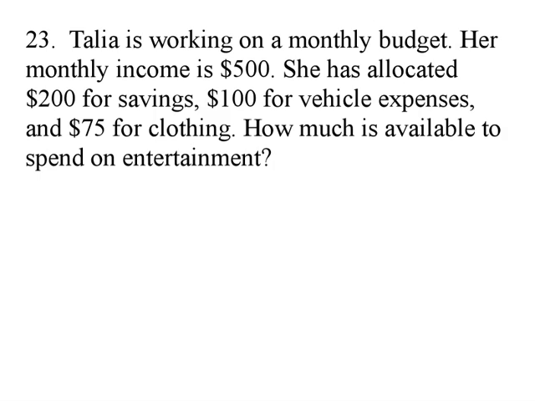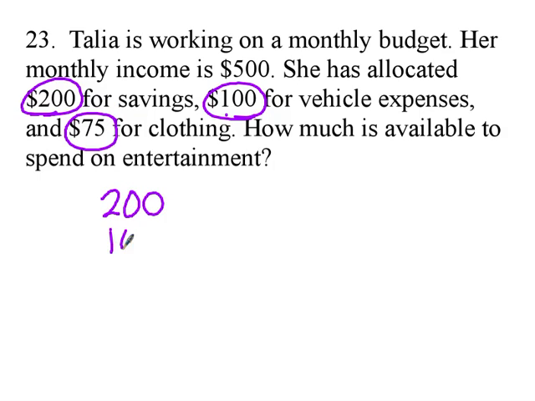You add up what you've already spent, or what you have budgeted or allocated for. This is what I have allocated: 200 for savings, 100 for vehicle, 75 for clothing. So I'm going to add all three of those together. I've got 200, I've got 100, and I'm going to add 75 to that.